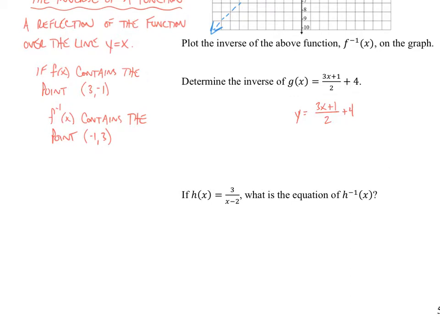Since we know that the new function is going to take our x coordinates and make them y coordinates, and turn our y coordinates into x coordinates, we're going to do exactly that here in the equation. Right now I'm going to flip my x and my y.